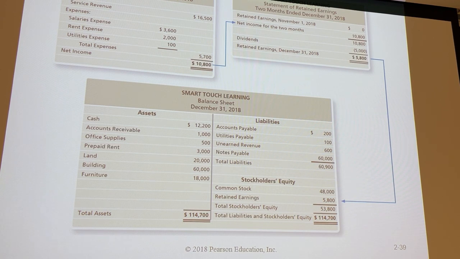Then that net income amount gets transferred to the statement of retained earnings, which is the second statement that we prepare. Then the balance sheet would be the third statement that we prepare, and that ending retained earnings balance from the statement of retained earnings gets transferred over to the balance sheet and put under stockholders' equity on the balance sheet.